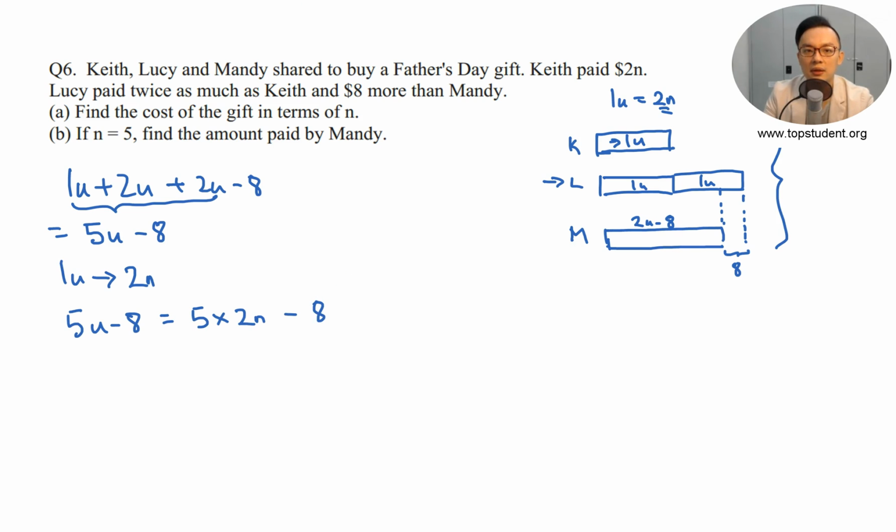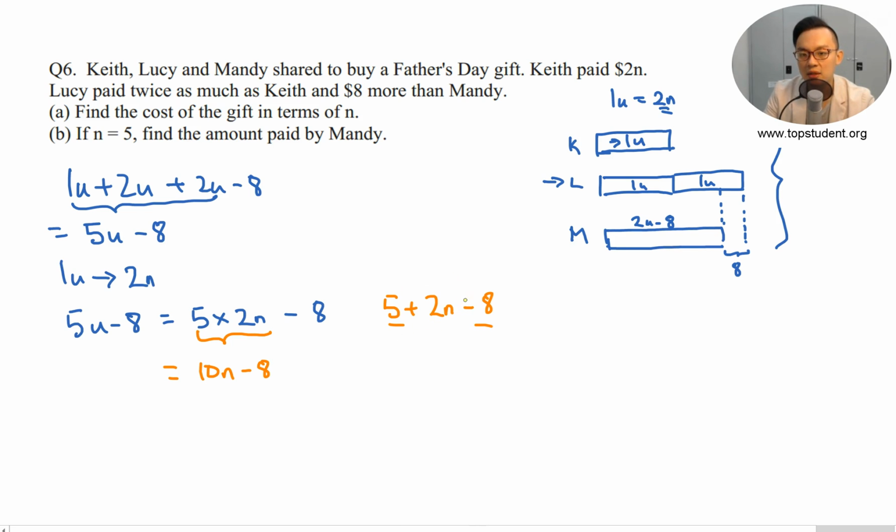Now because this is multiplying, you need to multiply these two together first. And the answer is actually 10N minus 8. 5 times 2 is 10, 10N minus 8. Now, if this question has changed to 5 plus 2N minus 8, then you need to work this one and this one together, all right?